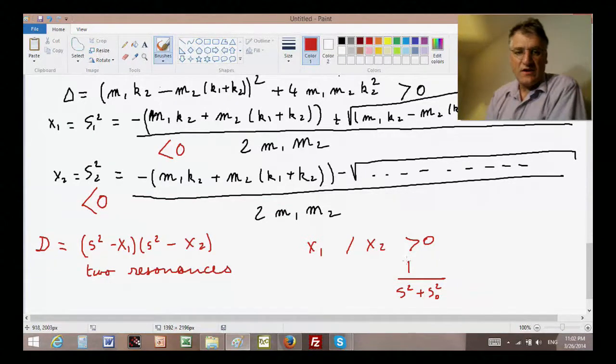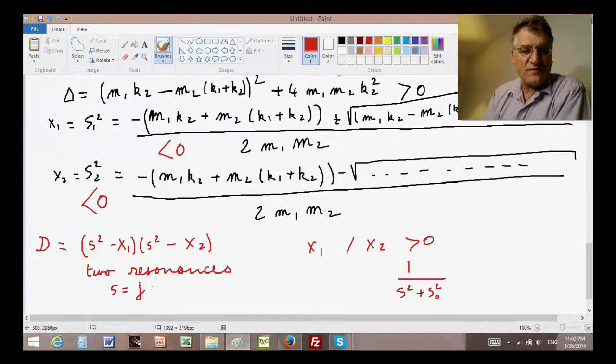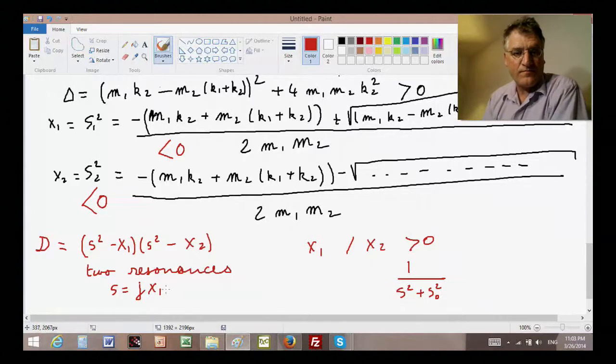They resonate at s equal to j times square root of minus x1, where D goes to 0. Same thing when s is minus j times square root of minus x1.